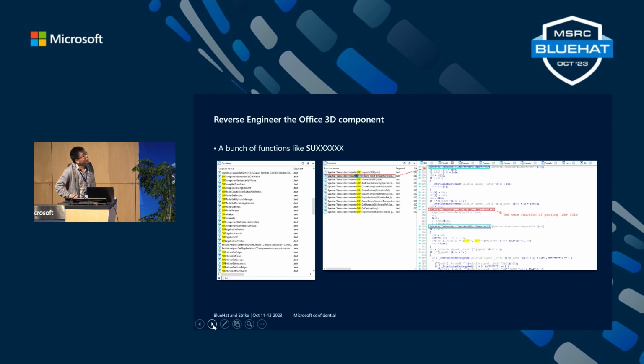After you drag the 3D component library into IDA Pro, you will see a bunch of functions prefixed with SU, which are the SketchUp APIs. And you can see the function ImportAsset3D. It's a core function for parsing SketchUp files. Let's get into this function.